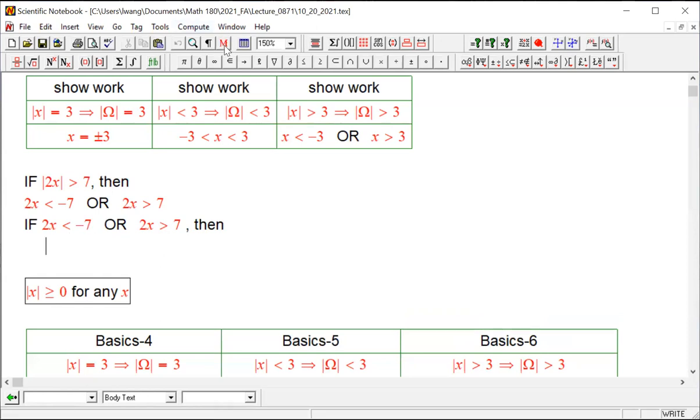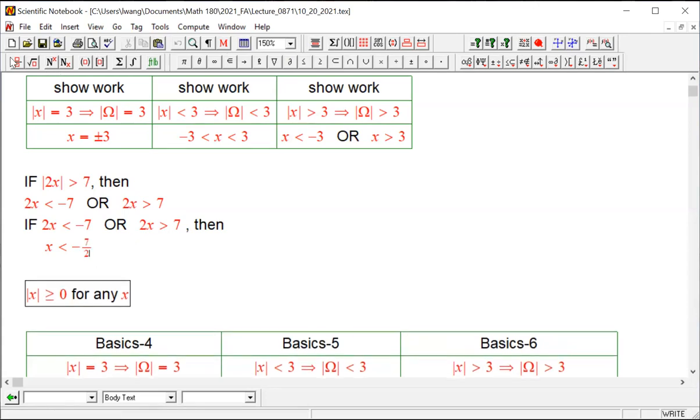You're going to have x less than -7/2, or you can use 3.5 if you wish, or x is larger than 7/2. And that will be the answer. This latter one is the answer.